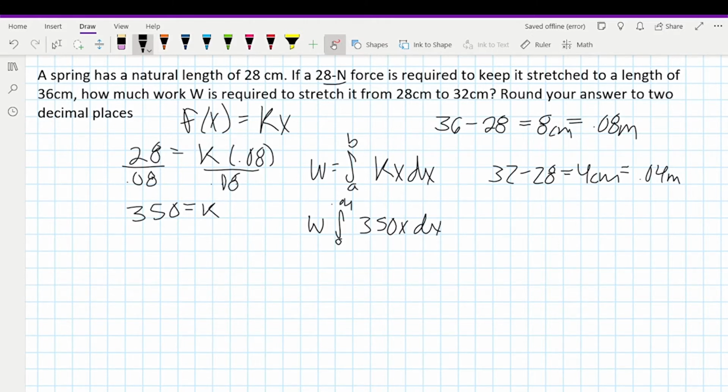From here we can integrate this because they're just being multiplied. So you can rewrite this as work equals 350 times x squared over 2, keeping your bounds from 0 to 0.04.